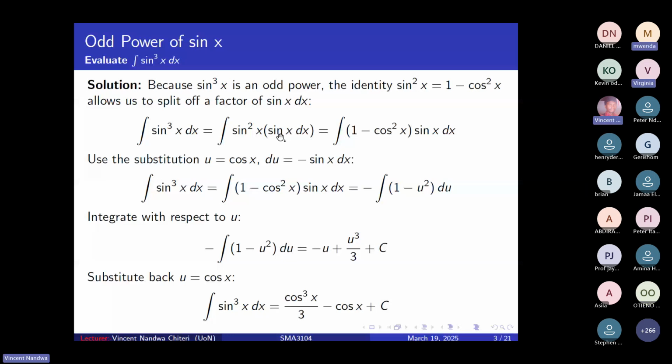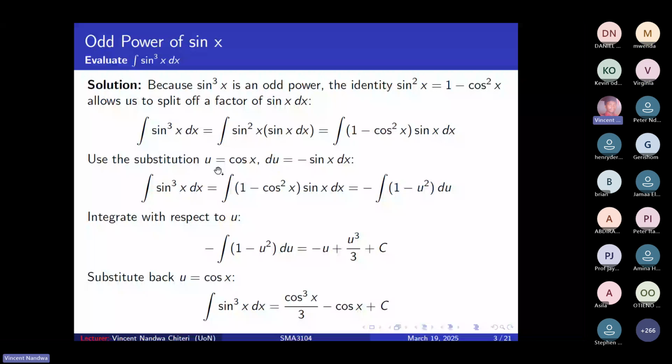Good. So once you have done that, you make the substitution in this bracket where this cos function is replaced by u. So you use the substitution, let u be cos x. And if u is cos x, then you can find du in terms of dx. So du will be minus sine x dx. Now you use this du and the u function to retransform this integral in terms of this new variable u.